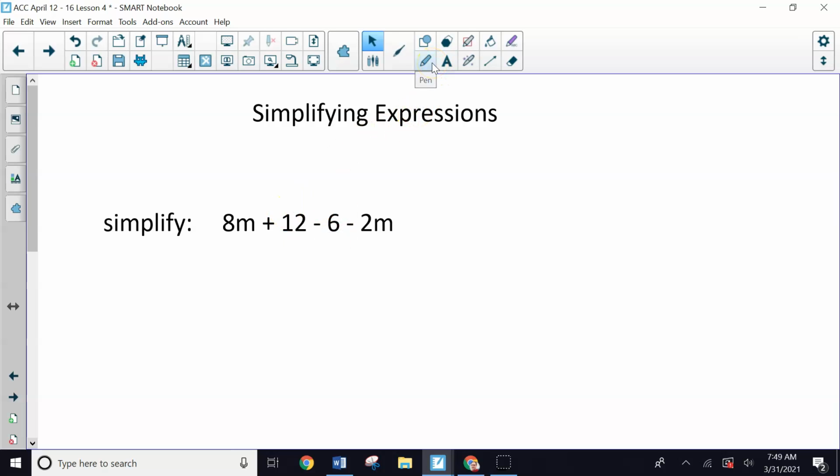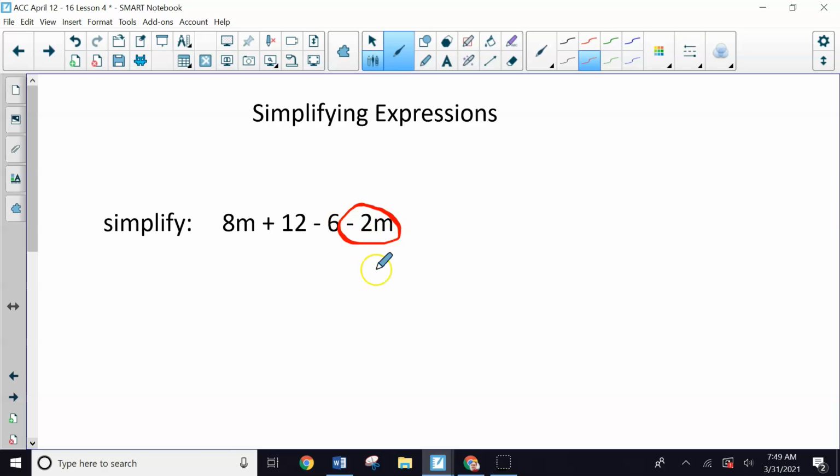Now we can rearrange this so that all the like terms are together. The 8m is going to be combined with this one right here, which I'm going to circle, minus 2m. Notice that the minus sign goes with the 2m, so keep those together. In this case, the minus sign goes with the 6, and the plus sign stays with the 12.